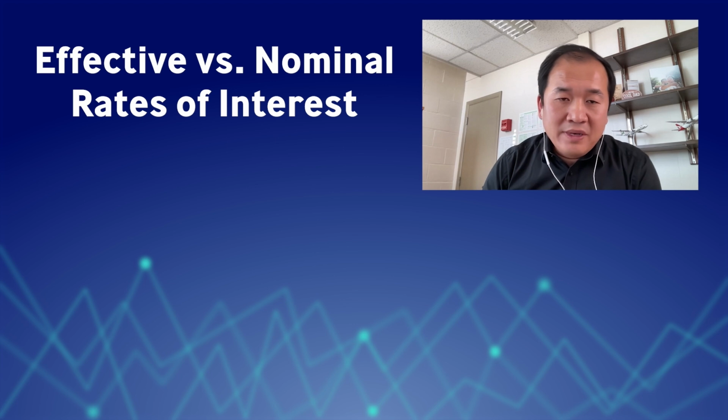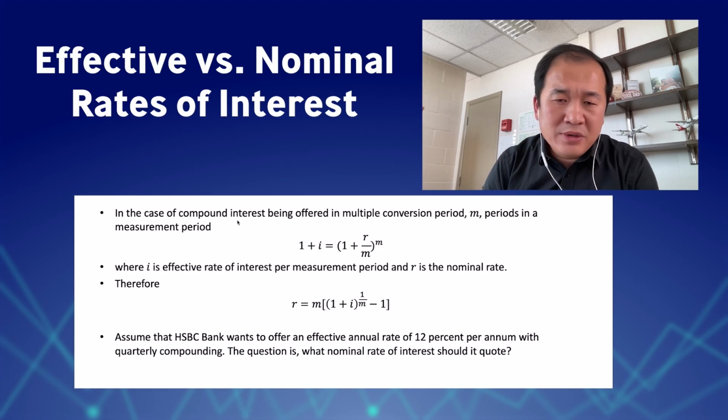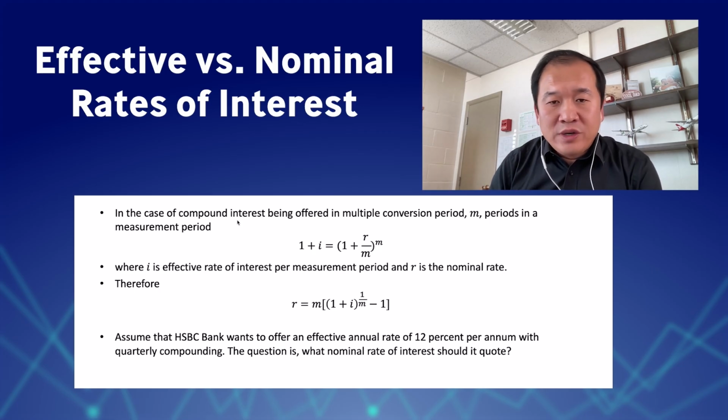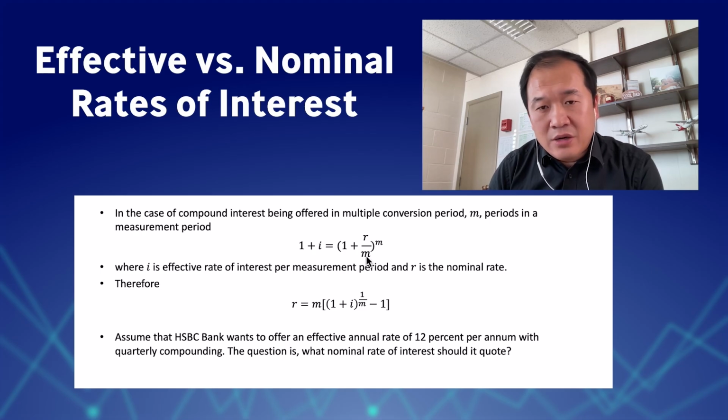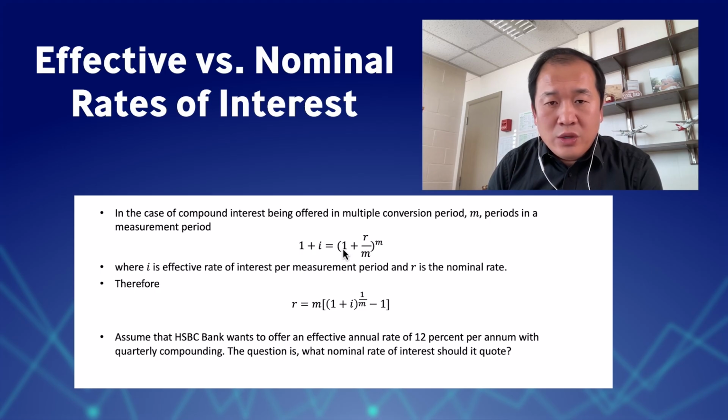Then we replace those numbers with symbols to make the explanation more generic. Remember, we previously said we use R as the nominal rate of return. M is the number of conversion periods in one measurement period. So M here can be 12 months in a year. What you would do is use the nominal rate divided by the number of conversion periods in one measurement period.